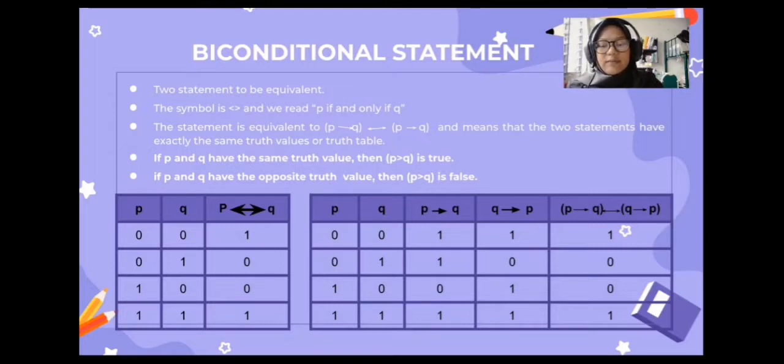You can see the value for the biconditional "P if and only if Q" in the truth table. The biconditional satisfies the following property. If P and Q have the same true value, then the value of "P if and only if Q" is true. If P and Q have opposite true values, then the value of "P if and only if Q" is false. So that's for the biconditional statement.